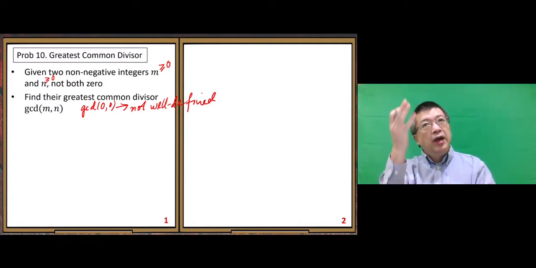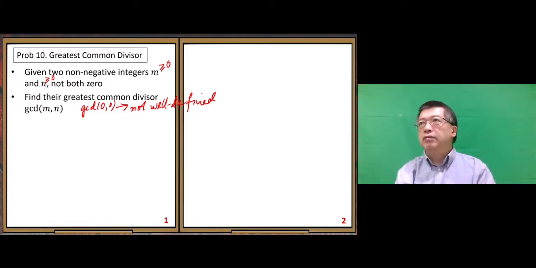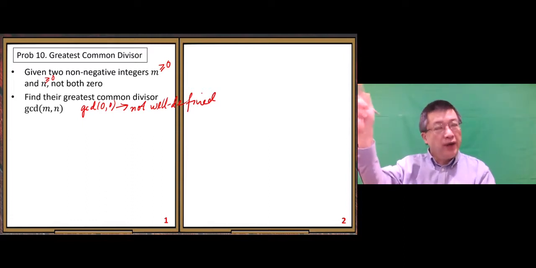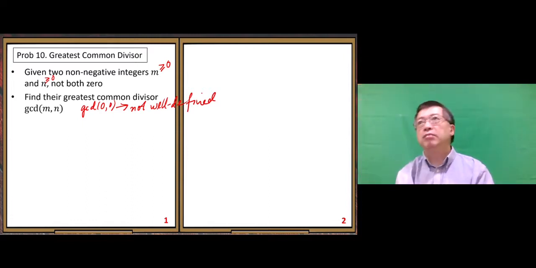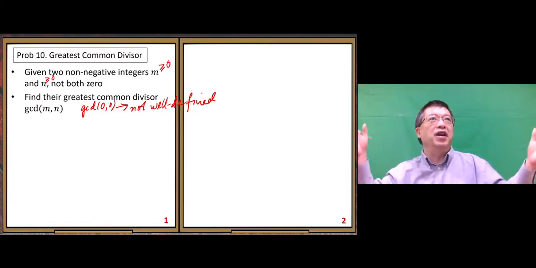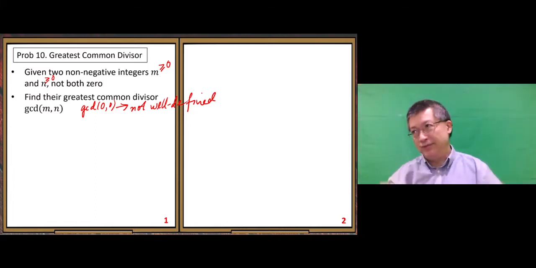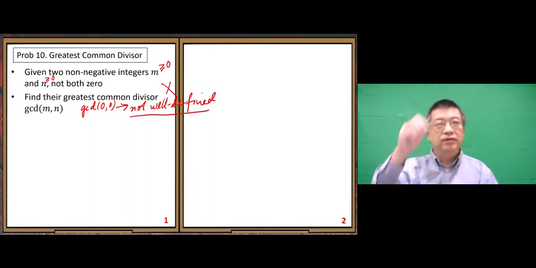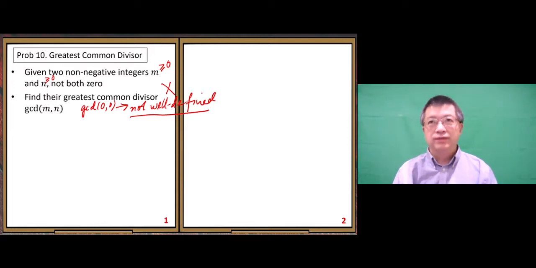Second, if you try 1, 0 is a multiple of 1, and the second 0 is also a multiple of 1, so 1 is a common divisor of 0, 0. But it's not the greatest, because 0 is also a multiple of 2, and so on. So there is no way to find the greatest common divisor of 0, 0. That's why we call it not well defined. There is no definition for it.